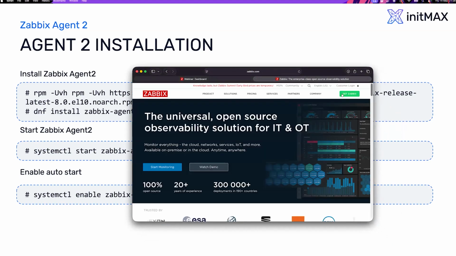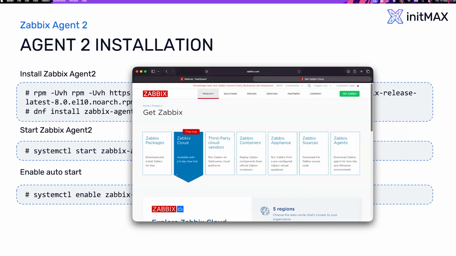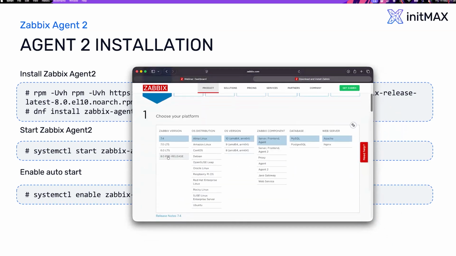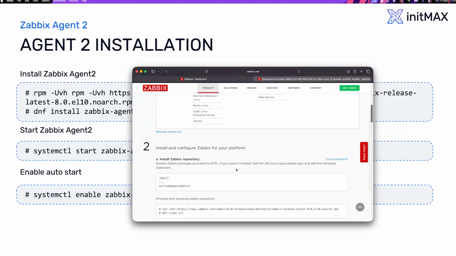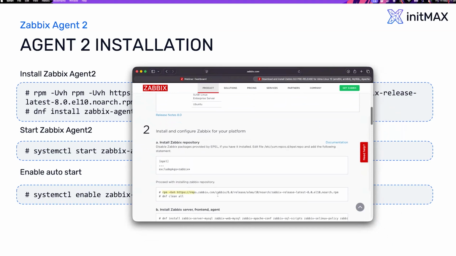So if we go to zabbix.com, Get Zabbix, Zabbix packages, 8.0 pre-release, Alma Linux, version 10, server, frontend, agent. If we want to install the full stack, choose the database, web server, and then here you get the same command that I have in my slides.